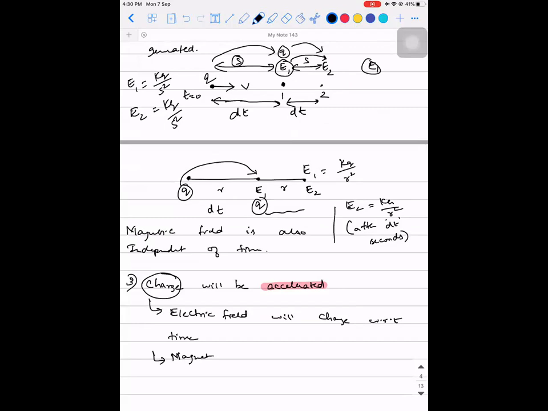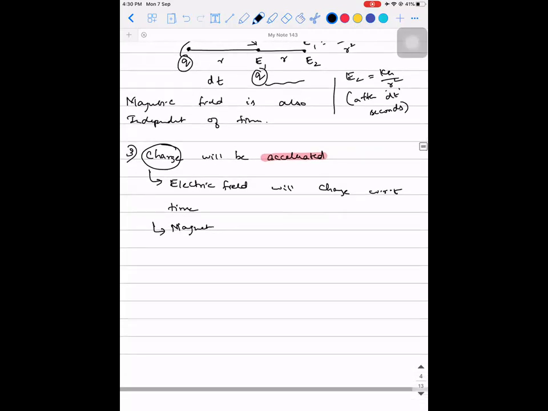That is why a charged particle having uniform motion cannot generate an electromagnetic wave. When the charge is accelerated, the electric field will change with respect to time, as a result of which the magnetic field will also change with respect to time.